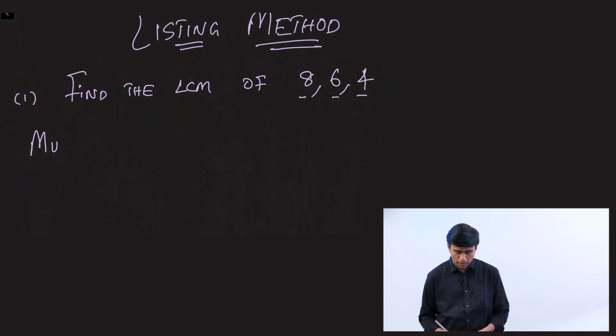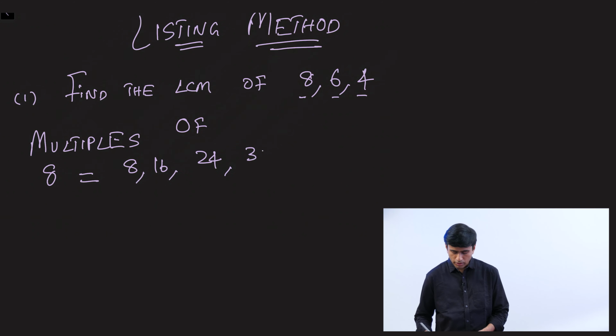Let's list the multiples. Multiples of 8. Tell me the multiples of 8. 8, 16, 24, 32, 40, 48 and so on. Remember, you can have infinite multiples.